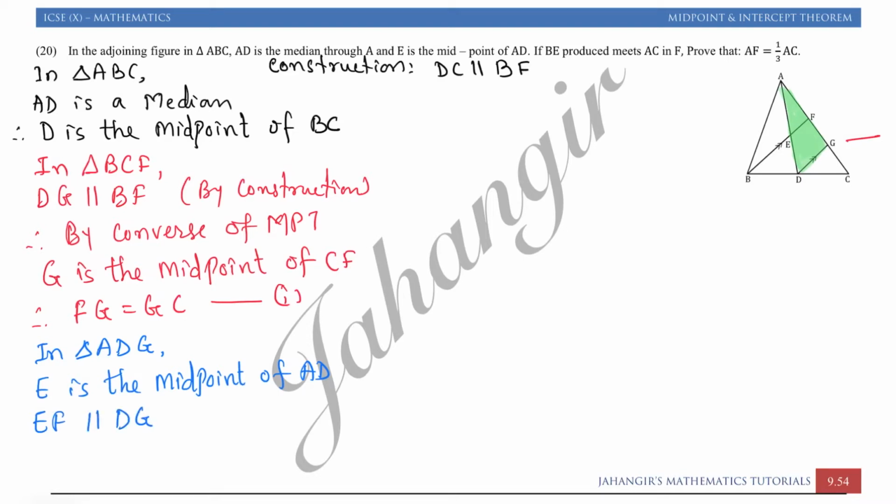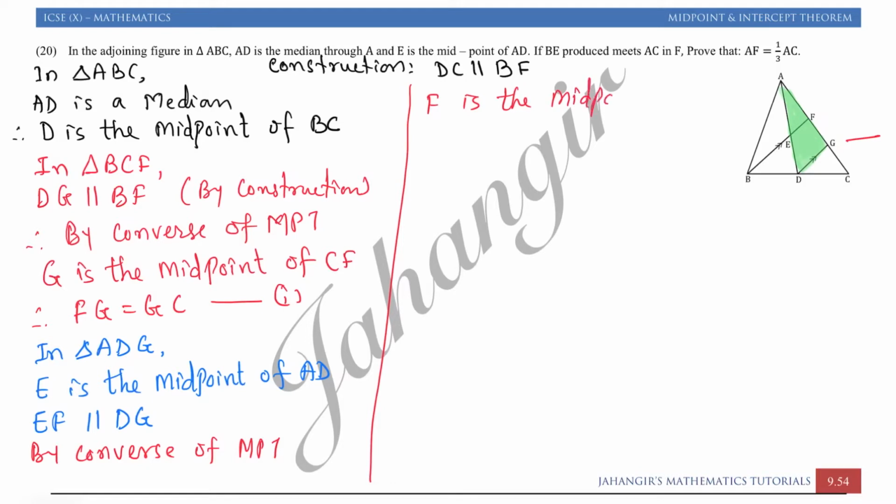We got two conditions, so therefore again by converse of midpoint theorem, we can say F is the midpoint of AG. So now we can say AF is equal to FG.